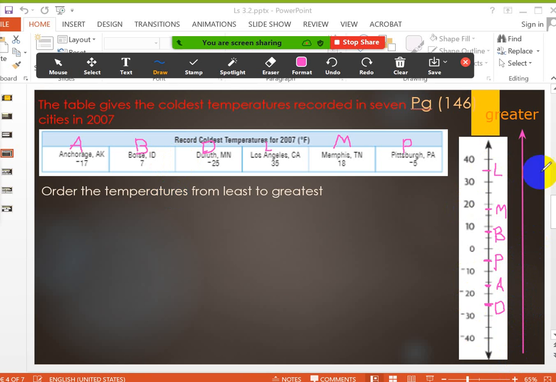It goes greater, so it will be from up to down. Again, from least to greatest. It will be D, A, P, B, M, L. Excellent. Your answer is correct. Thank you so much, Lena.